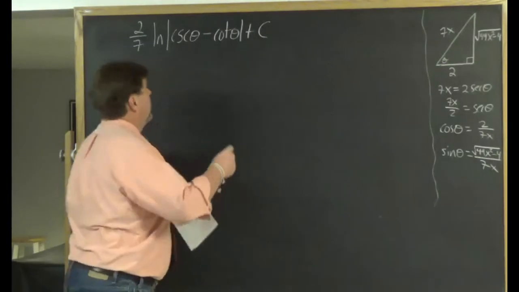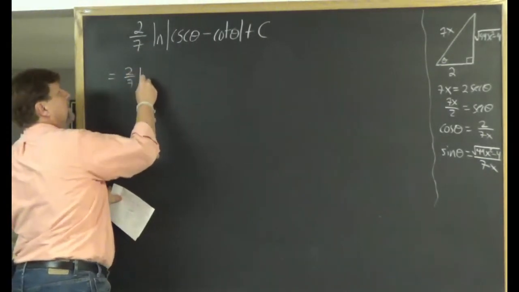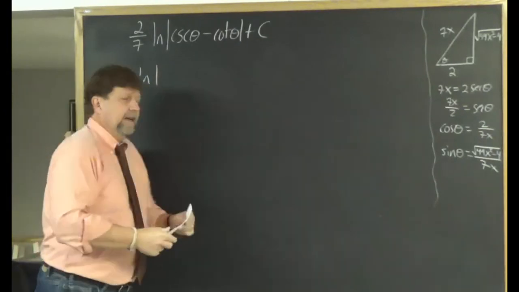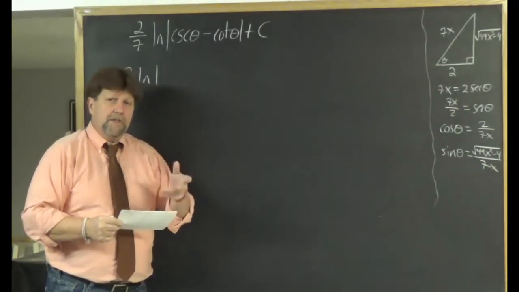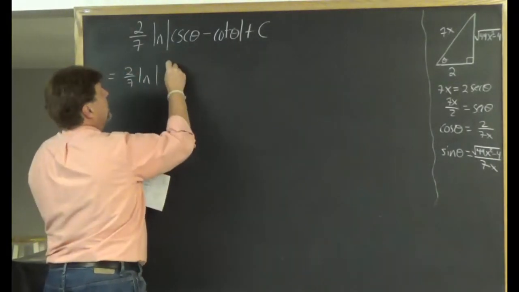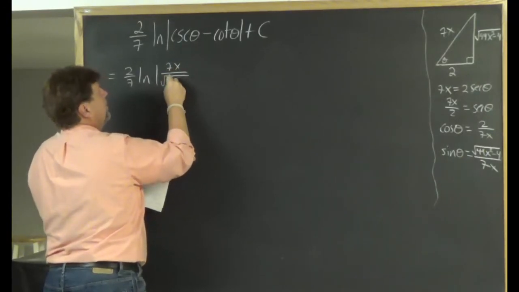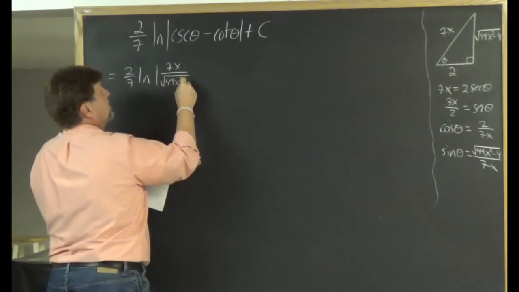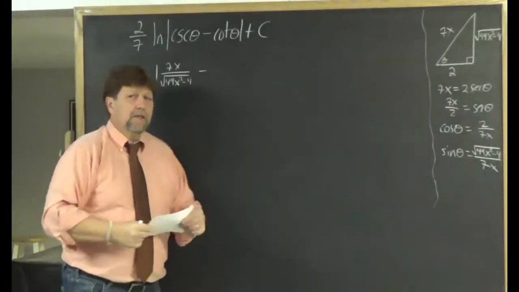All right, got a lot of work ahead of us here. Cosecant theta: since we know what sine theta is, cosecant is the reciprocal, so cosecant would be 7x over the square root of 49x squared minus 4, minus cotangent.